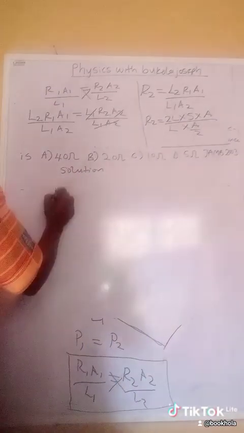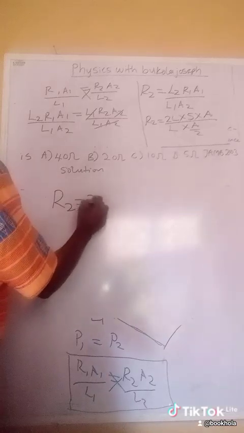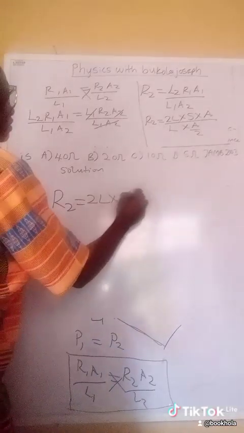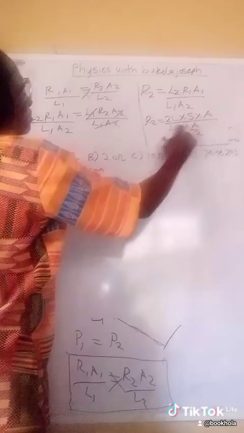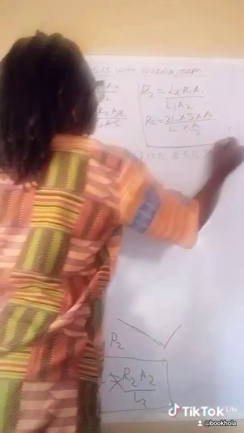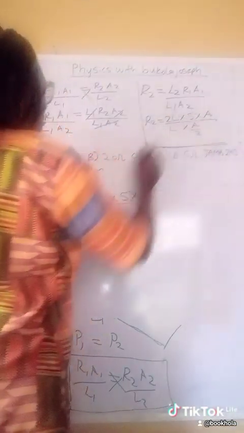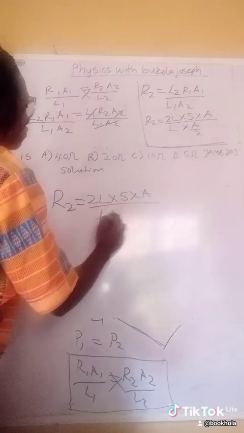So let me bring it out here. We have R2 is equal to 2L times 5 times A all over L. Let me just multiply this out. This is simply LA all over 2.